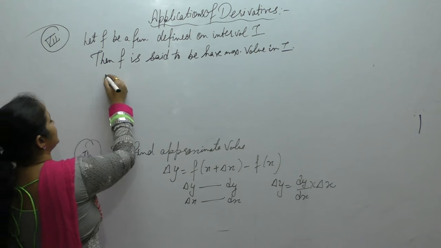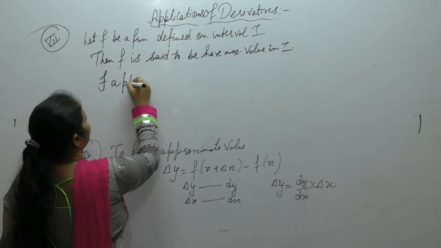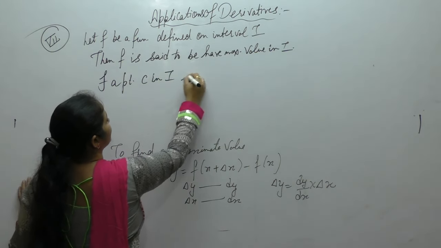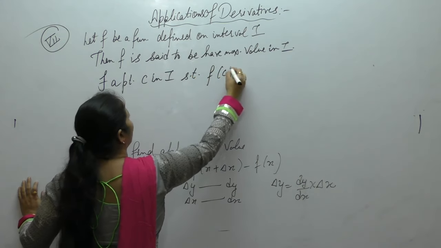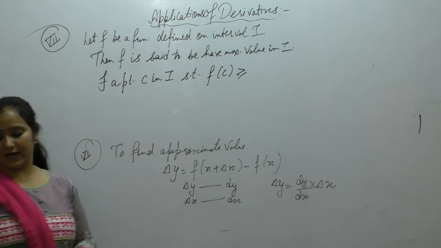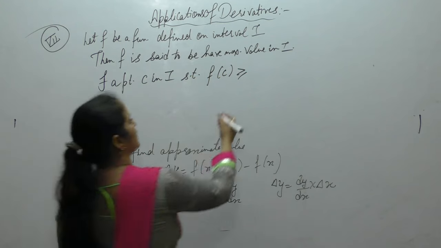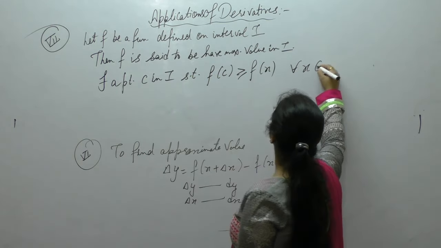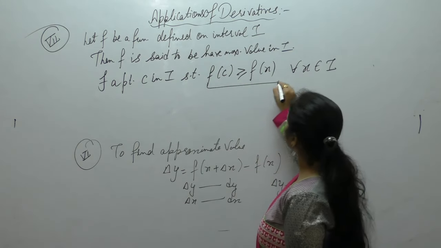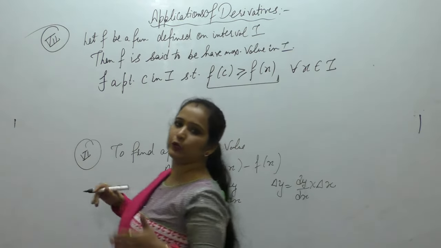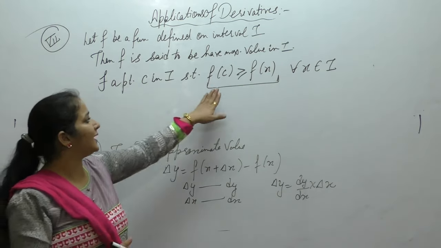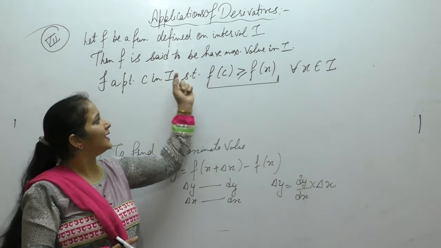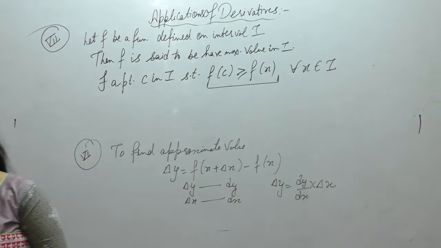If there exists a point C in I such that f of C is greater than or equal to f of x for all x belongs to I. अगर उस पॉइंट पे फंक्शन की वैल्यू गिवन फंक्शन के पॉइंट से ग्रेटर होगी, then C is the point of maximum.